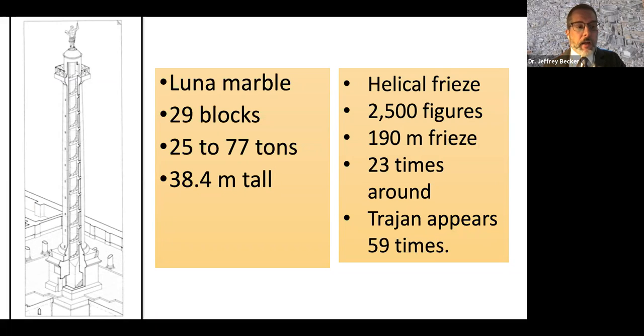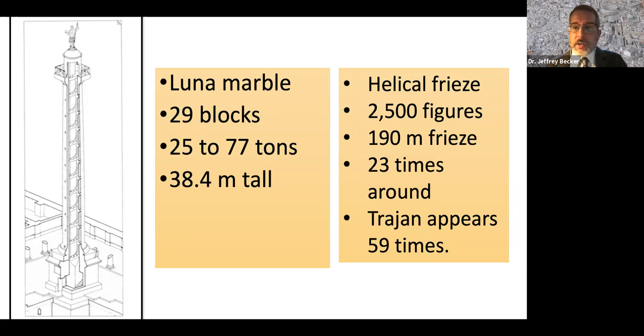The approach to creating the Column of Trajan is inarguably novel in that while it makes reference to previous Roman habits in terms of how art forms, both painted and sculpted, are used in the public space to record events and promote ideology, the form that the Column of Trajan takes is new, in that we have the verticality of the column made of Luna marble, rising originally to just over 38 meters in height.